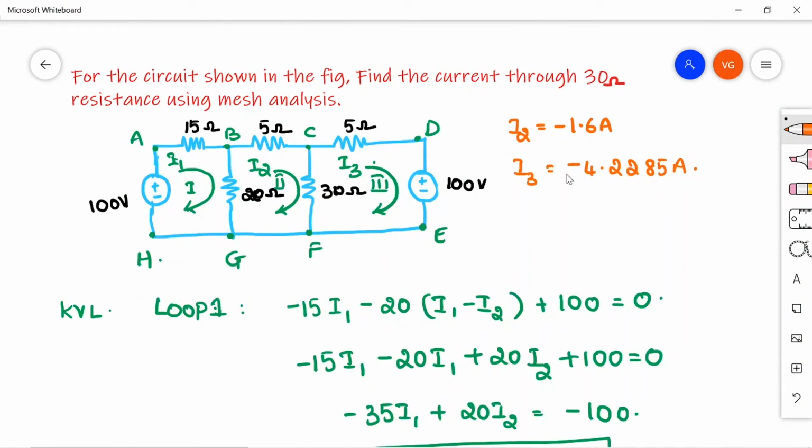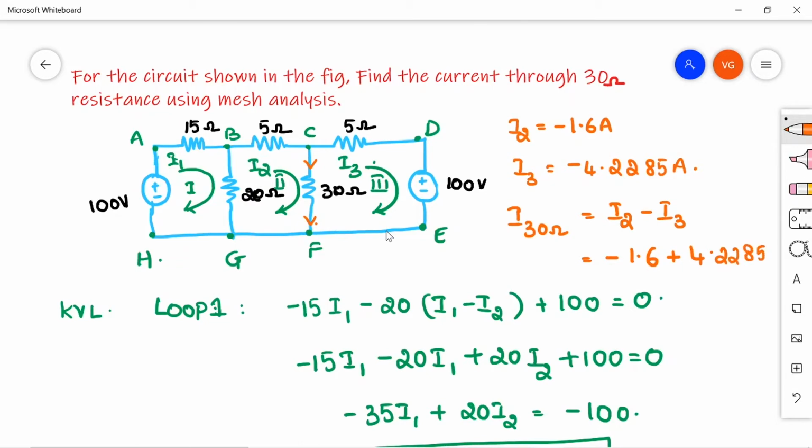So after finding the value of I2 and I3 here, we have to find out the current that is flowing through this 30 ohms resistor. So the currents flowing here in 30 ohms resistor are two, that is I2 and also I3. I2 is flowing in the same direction, whereas I3 is flowing in the opposite direction. So the current in 30 ohms resistor is nothing but I2 minus I3. So that you can do minus 1.6 minus of minus plus 4.2285.